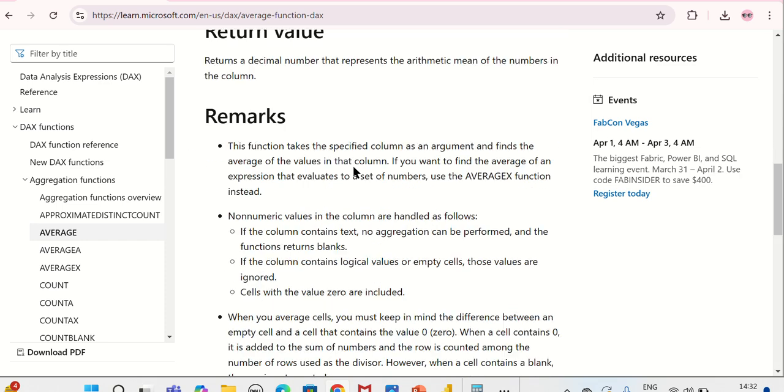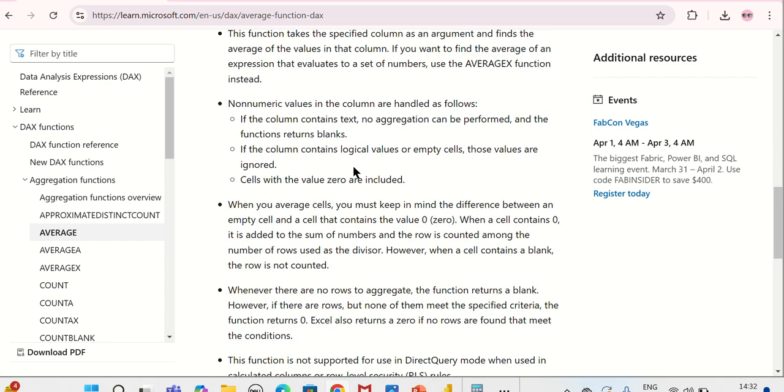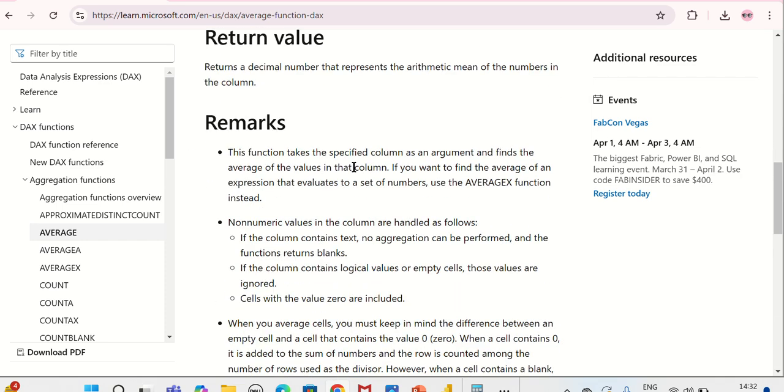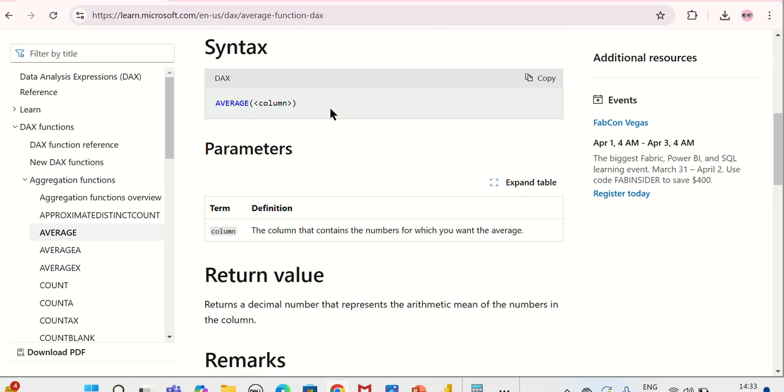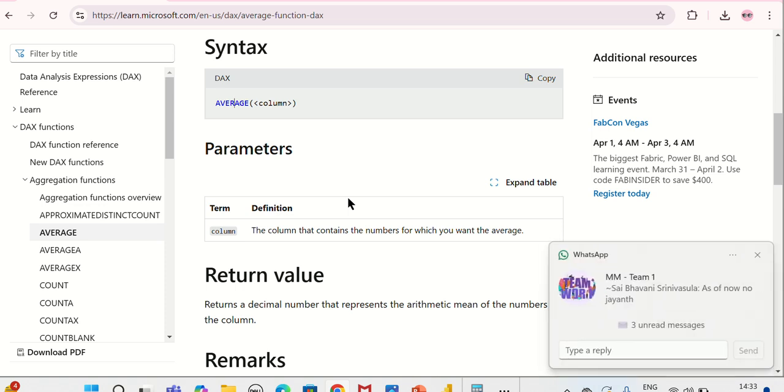See how AVERAGE works. It performs on a column basis, and no aggregation is performed in this. It's very simple. If you remember, we learned average in our college days, in our math as well, right?